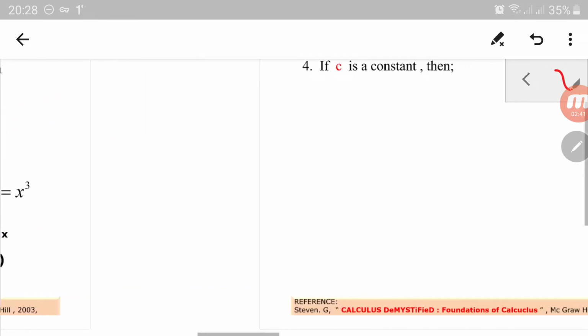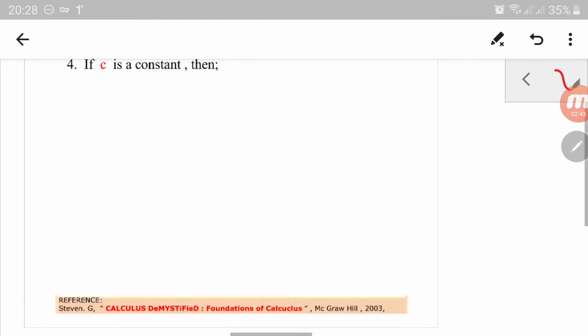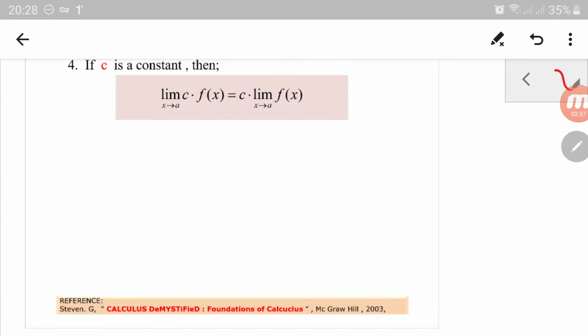Now the next one is if c is a constant. This is not like the first property, where the function itself is a constant. This time, c is a coefficient of a function.